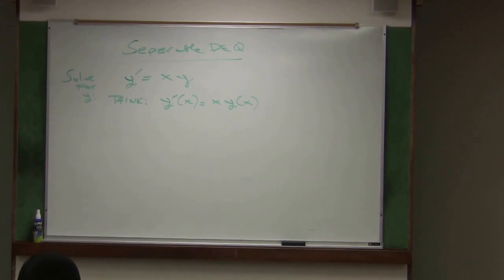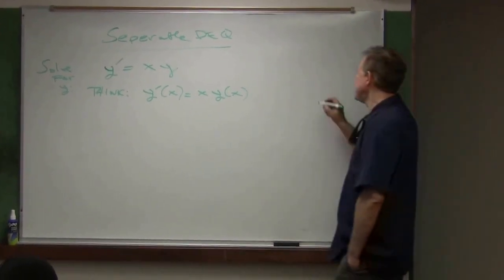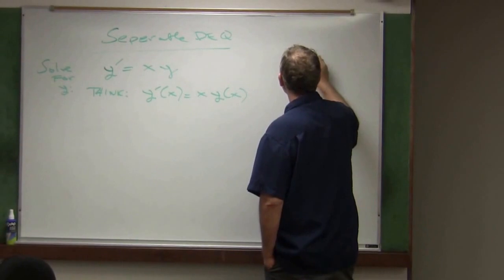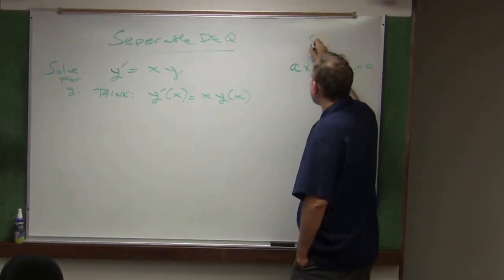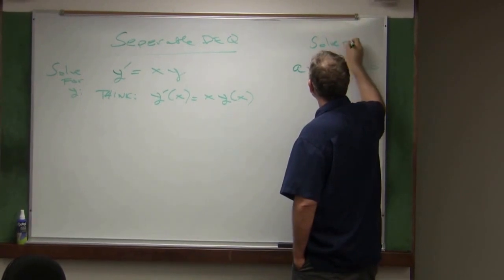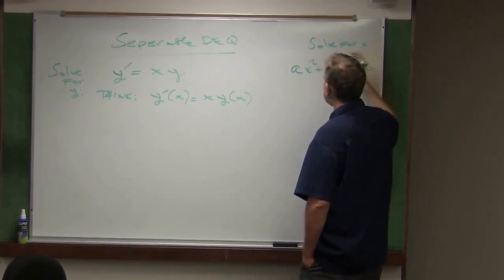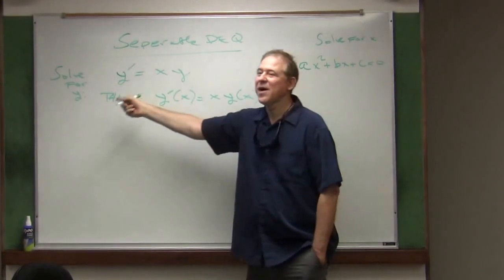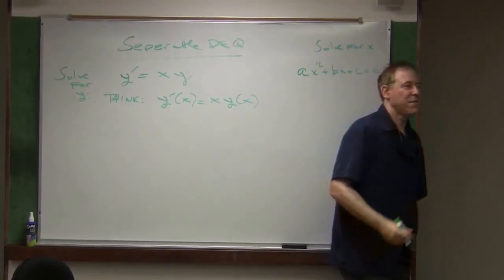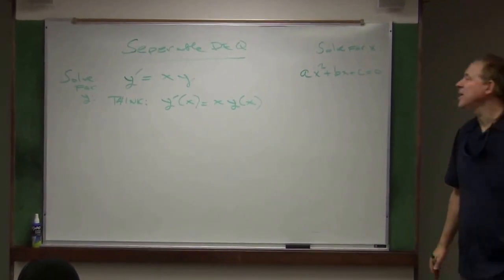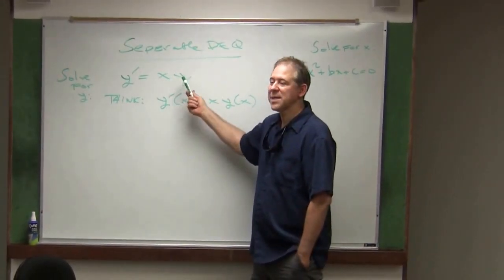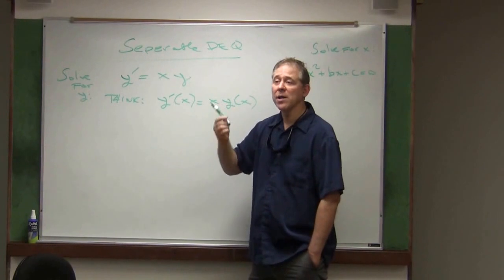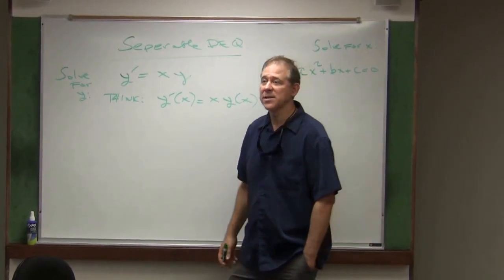You learned the quadratic equation, ax squared plus bx plus c equals 0, and you solve for x, trying to find a real number. Here you're trying to find a function. What function has the property that its derivative is equal to x times itself for all values of x in its domain?